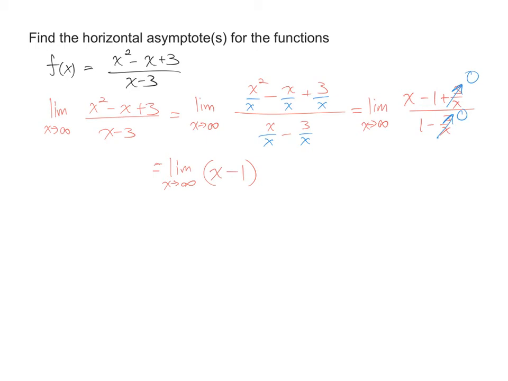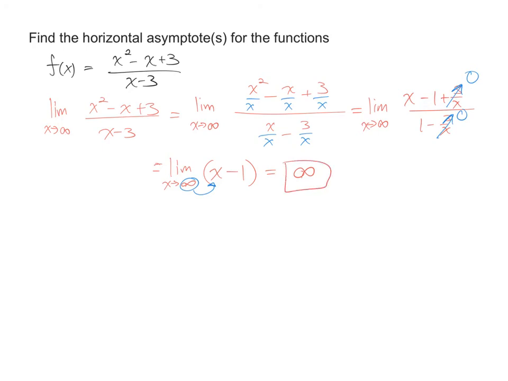So theoretically, we can substitute infinity in here for x. And it doesn't matter how big infinity gets, if you're only subtracting 1 from it, you're still going to be at infinity.